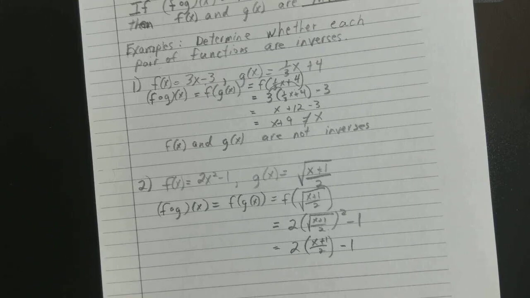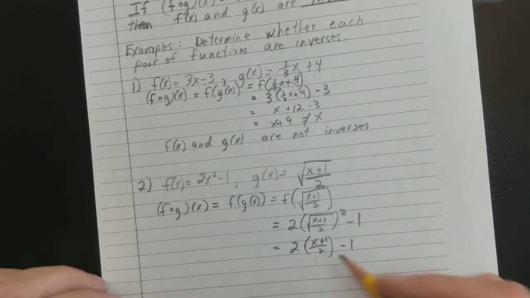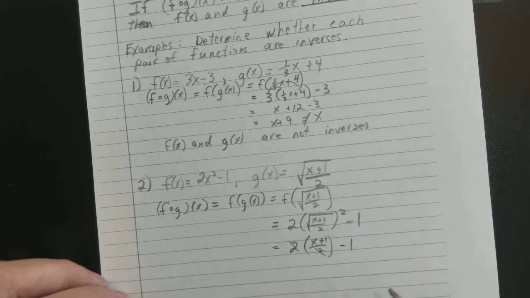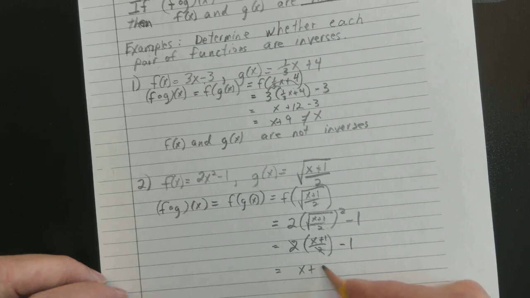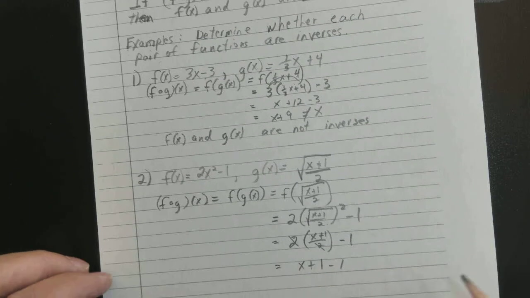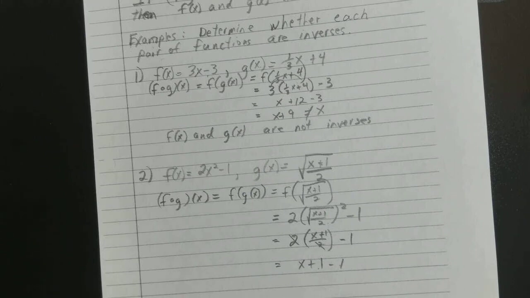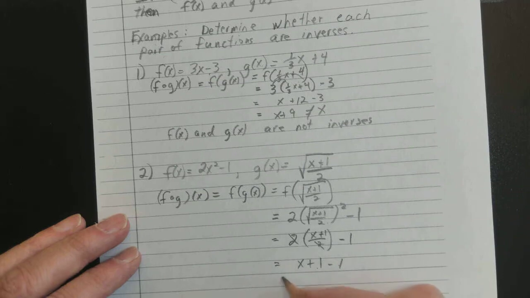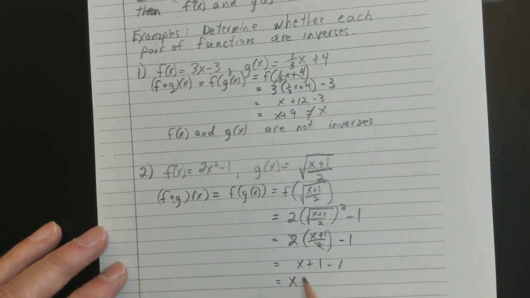Okay. Now, we'll keep simplifying. What do the 2's do here? 2 here can cancel. And then that gives me x plus 1 minus 1. The plus 1 and the minus 1, that's 0. So this is equal to x. Okay. F circle g is equal to x.